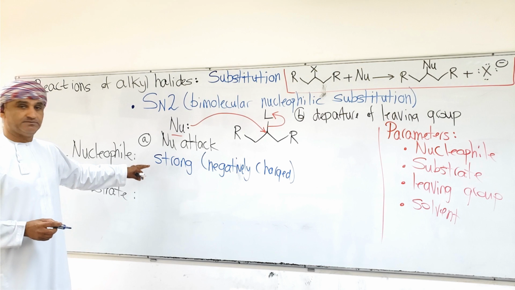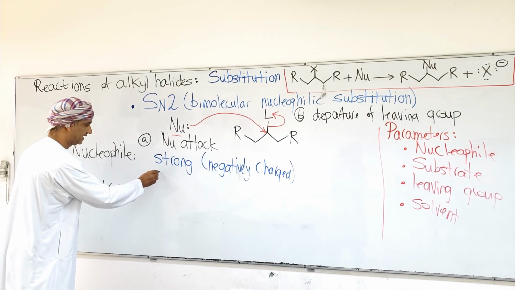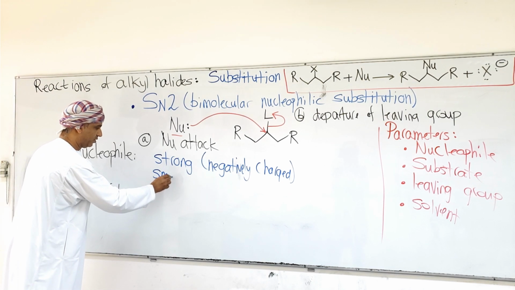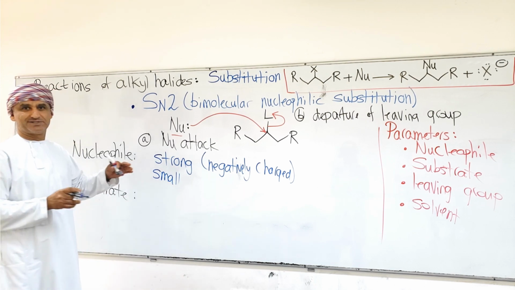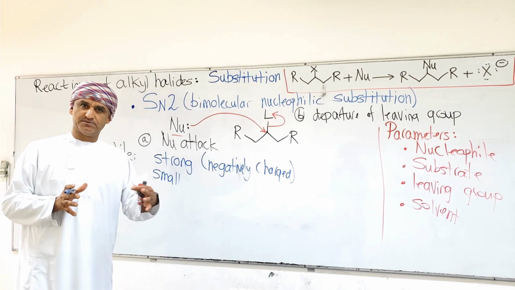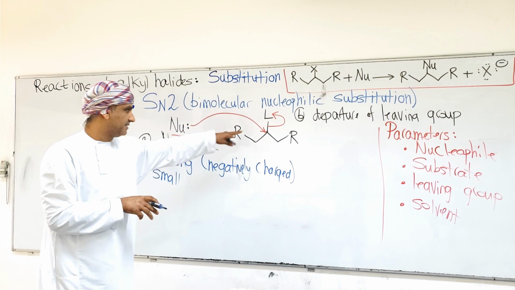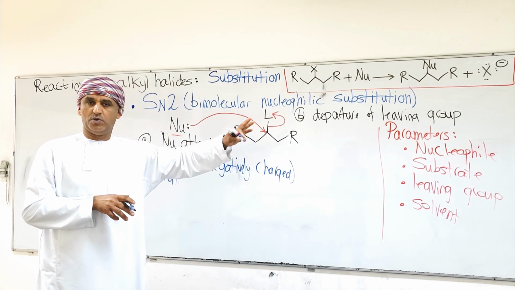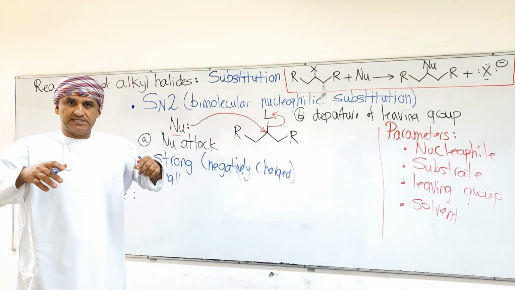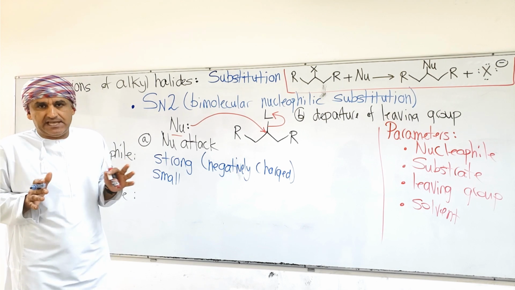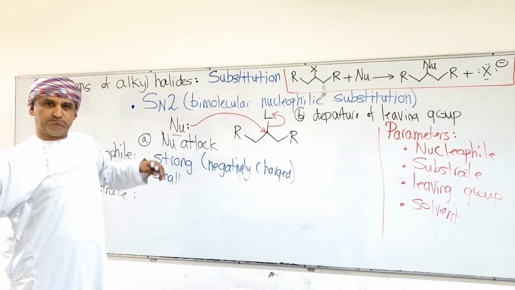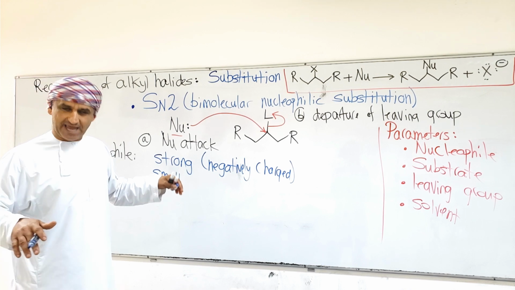The nucleophile should be strong, and also it should be small. It is supposed to do a quick attack. It is supposed to go and quickly attack this carbon, and then L leaves. So if it is weak, it will be sluggish to attack. If it is bulky, it will also be sluggish to attack.